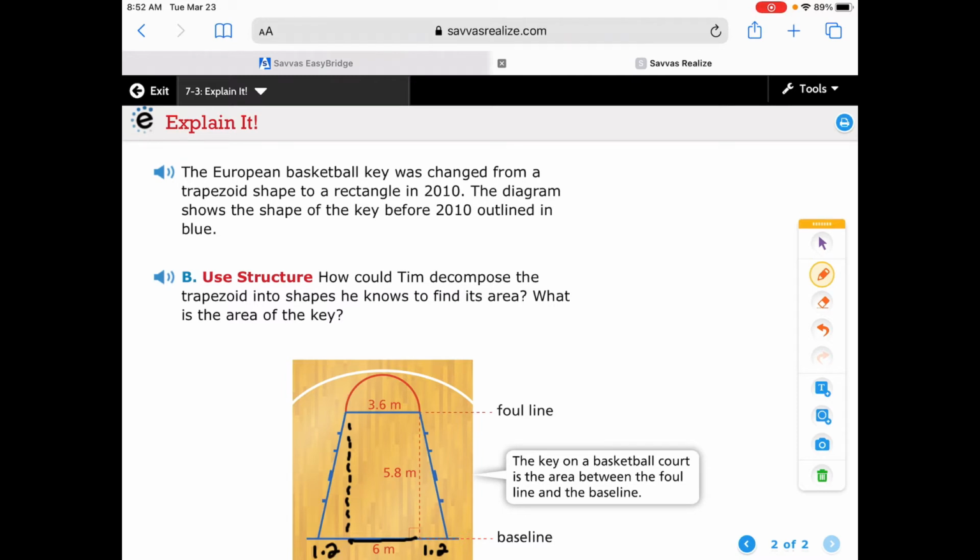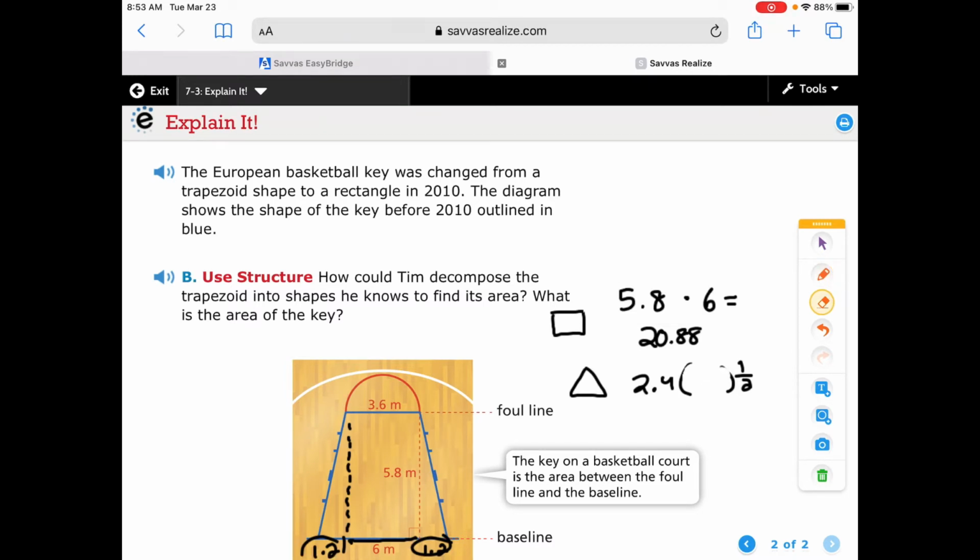So for the rectangle, we can do the area, which is 5.8 times 6, which is 34.8. That's for the rectangle. For the triangles, we can do both of these together, so we can take this and this and put it together. 2.4 times 3.6 times 1/2 will get us, oops, I'm sorry, not 3.6.